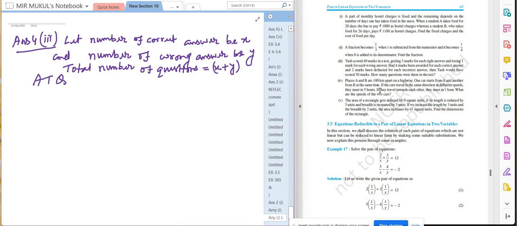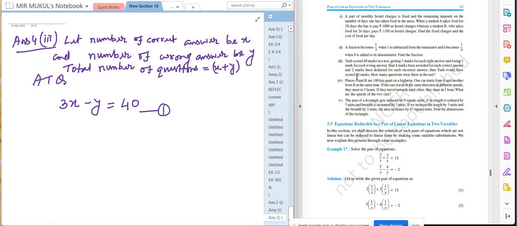According to the question, if 3 marks are awarded for a right answer, that means 3x, and 1 mark is deducted for a wrong answer, so minus y, then he will get how much marks? 40. This is the first equation.